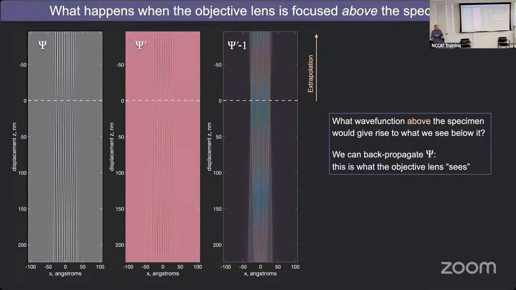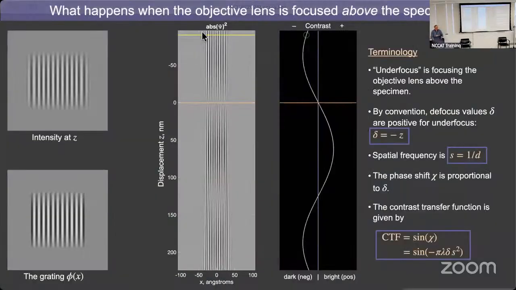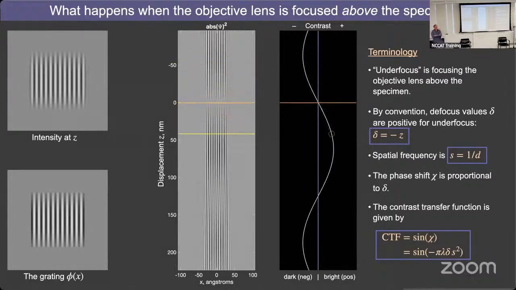When we focus above the specimen, we'll just see whatever waves would have been there in free space. And so if we look above the specimen, we do get contrast, and it varies, and it's 0 at the specimen. Okay, stranger than fiction.